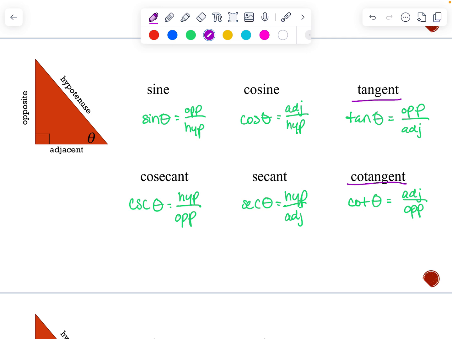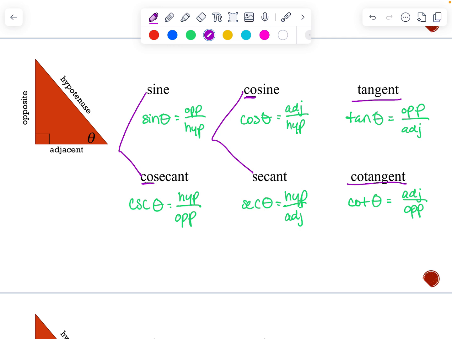But as far as sine and cosine and remembering which one of those is the reciprocal to cosecant and secant, what my trig teacher in high school told me was that one ratio in every pair starts with the letters CO. Again, not a super great trick, but sine doesn't start with CO, so it pairs with cosecant, which does start with CO. Cosine already starts with the letters CO, so it's going to pair with secant, which does not start with the letters CO. And then tangent pairs with cotangent.